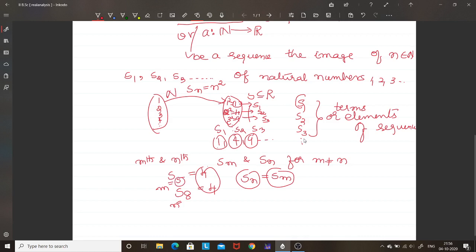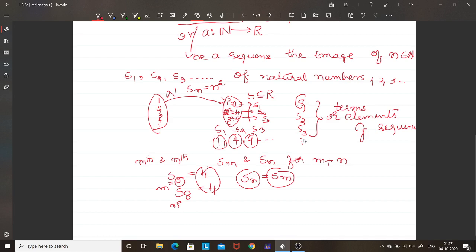The fifth term is 4, whereas the eighth term is also 4, so we have to treat them as distinct terms, even if sn is equal to sm. So we can say that the terms of a sequence are arranged in a definite order. It is not based on the values of the sequence, it is based on a definite order.